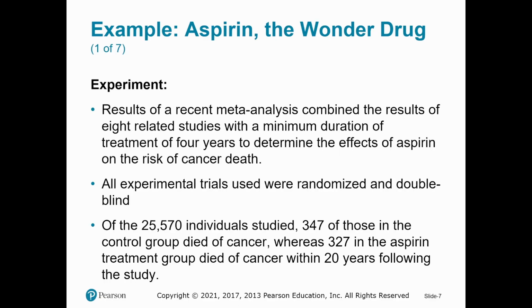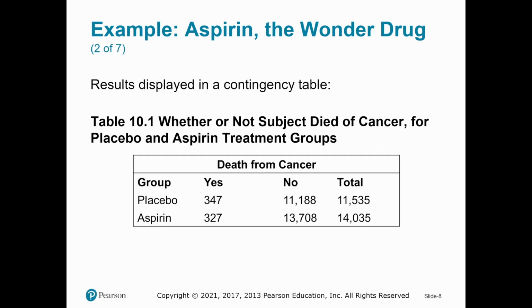5-year survival is very common. 10-year survival is very common. These are expensive, time-consuming studies. So here we have the results displayed in a contingency table, and we have deaths, yes, no. So this yes, no thing, right? So we're comparing two proportions, right?